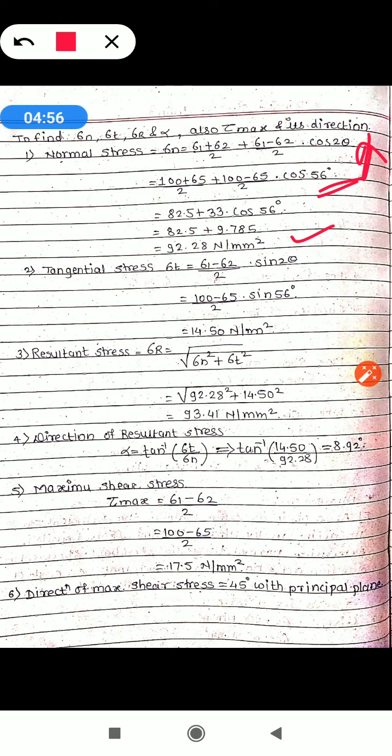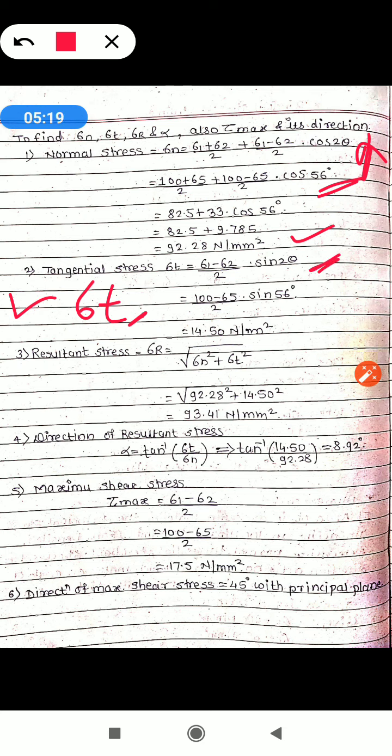Now our second value, tangential stress, which means sigma t. Stress is denoted as sigma and tangential's abbreviation is t. So the formula of sigma t is sigma 1 minus sigma 2 divided by 2 into sin 2 theta.